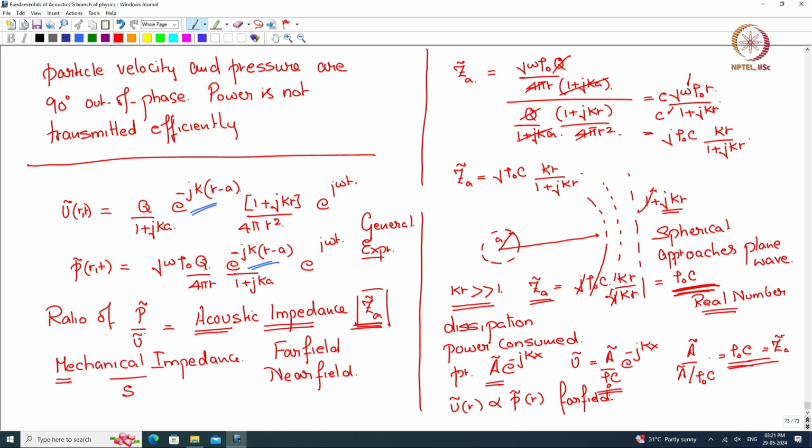The waves are becoming planar, and so just as in plane waves, particle velocity and pressure are in phase. Just a tilde by a real constant is particle velocity, and a tilde is pressure, so they are proportional. The same thing happens in the case of the monopole also in the far field. The particle velocity and pressure are in phase. That is reflected by the acoustic impedance, which becomes real. There is an exact one-to-one correspondence.